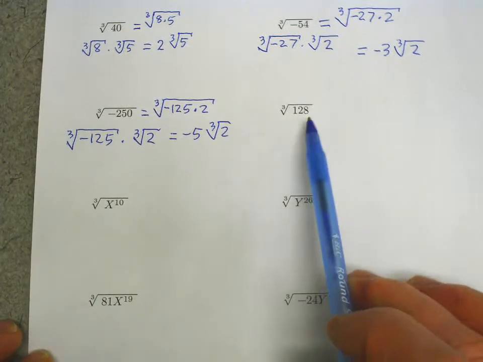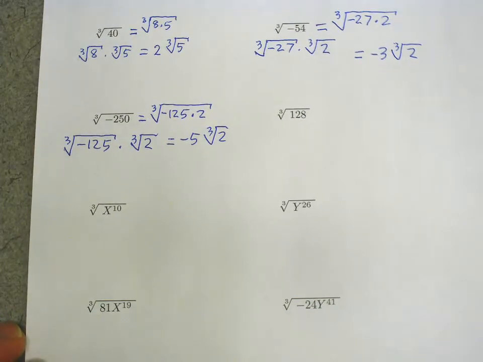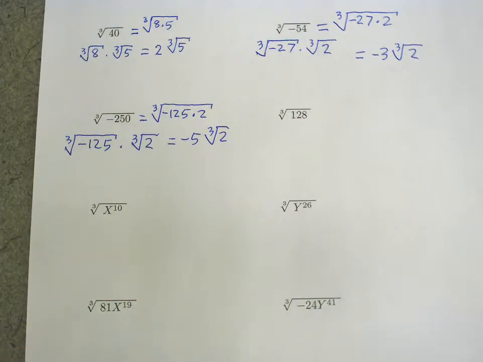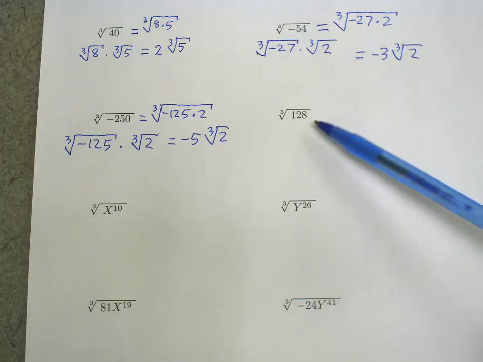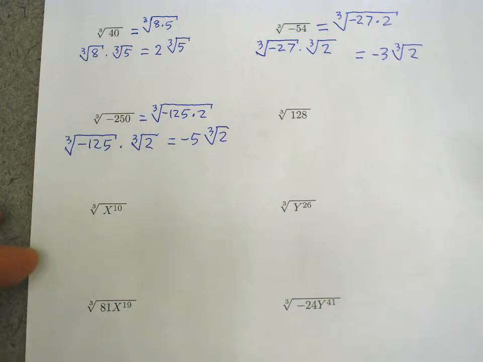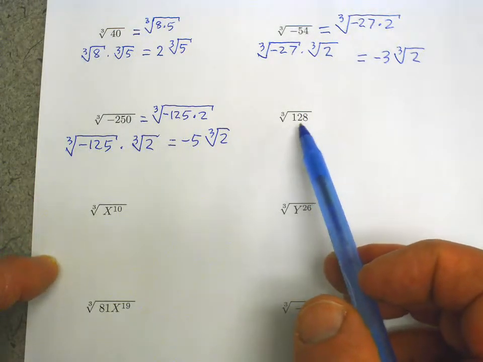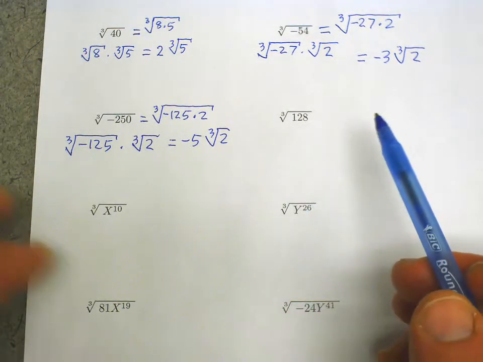Okay, the next one, simplify the cube root of 128. Well, 8 is a perfect cube factor of 128, but it's not the largest of the perfect cube factors. 64 is a perfect cube because 4 to the third power is 64, and 64 times 2 is 128.